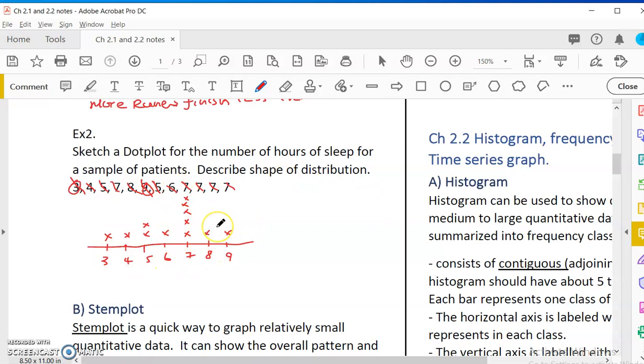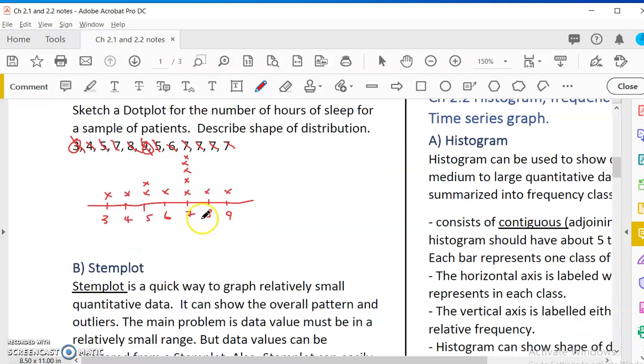So it has to be a small variation of data and in a small range. Describe the shape of the distribution. When we look at shapes of the distribution, is it symmetrical? Right now I haven't talked about the shape of the distribution. It's not symmetrical, but the high numbers are on the right side.